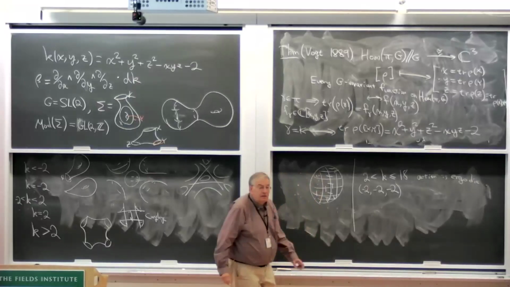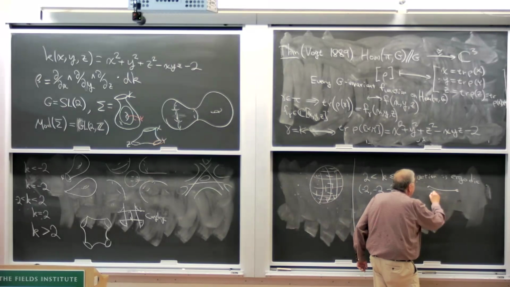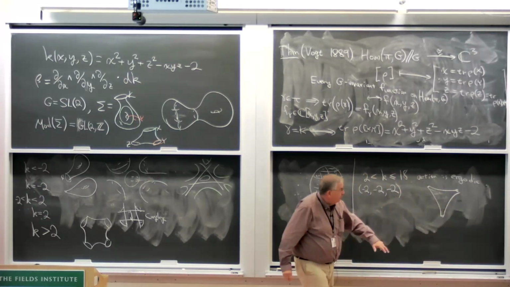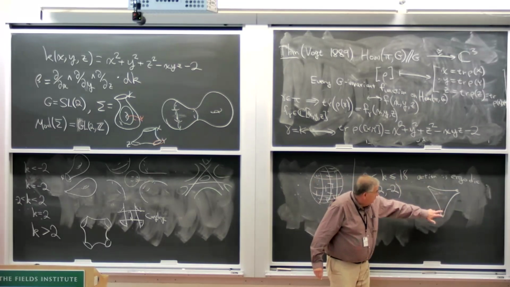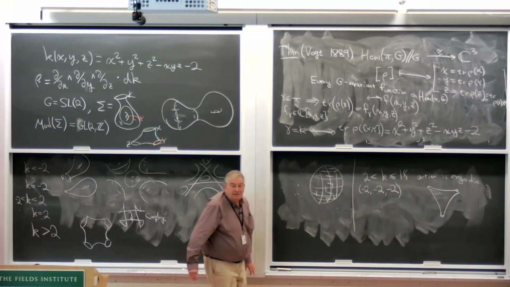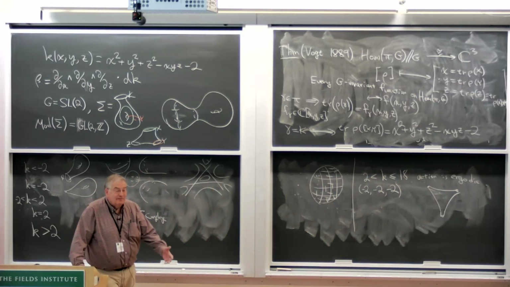That corresponds to the representation of the 3-hole sphere, namely the finite area hyperbolic structure, the geometric structure, which has finite area and 3 cusps. And this is where, so the classical theory of cubic surfaces concentrates on the fact that cubic surfaces have 27 lines.